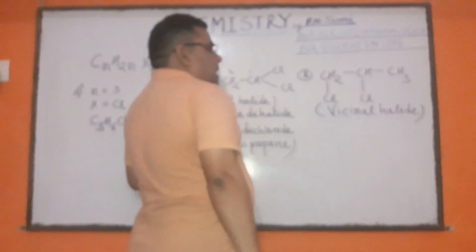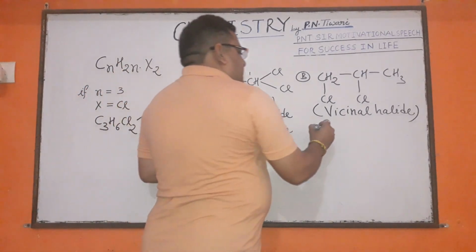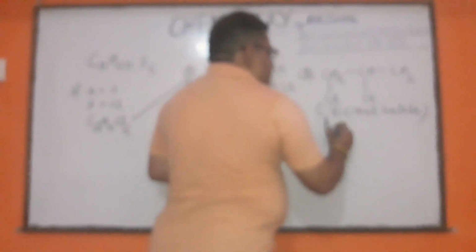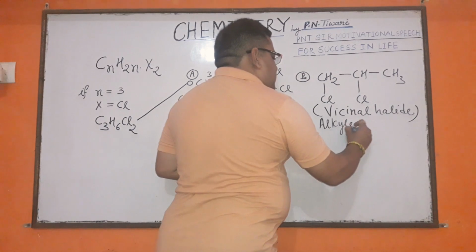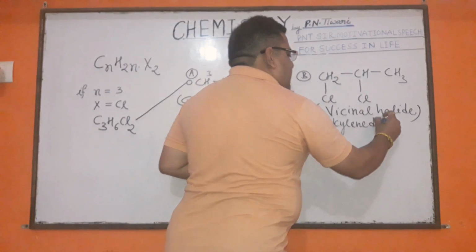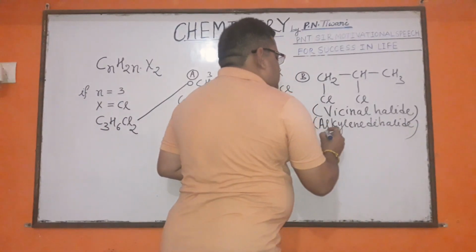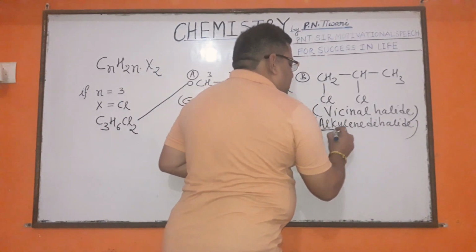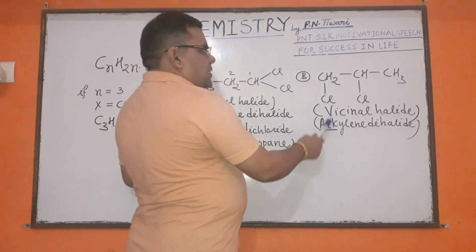The common naming of such type of dihalogen derivative is written according to alkylene dihalide. So how can we write its common name? Its common naming is written according to alkylene dihalide. In place of alk we can write word root.